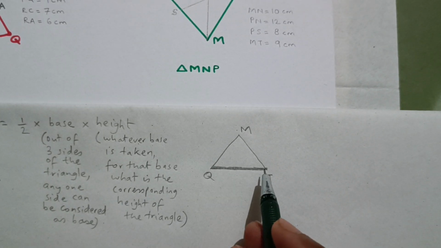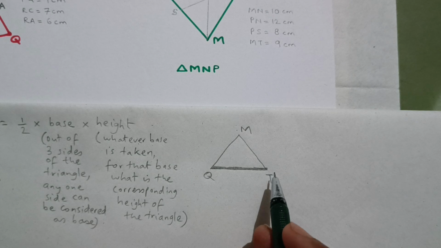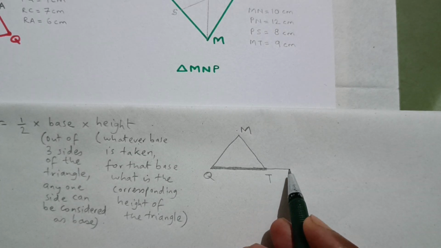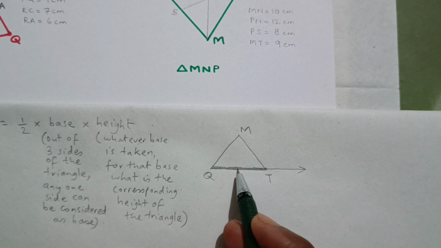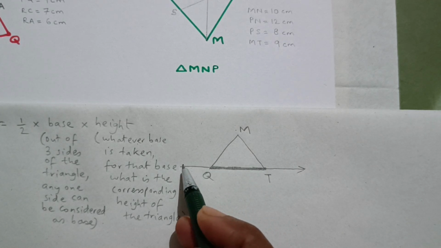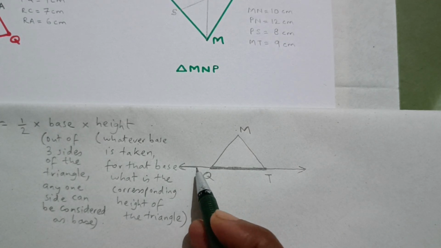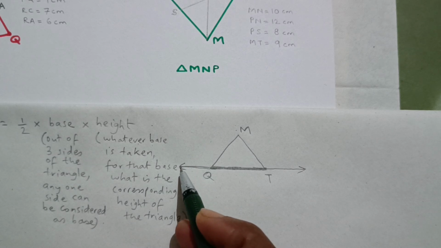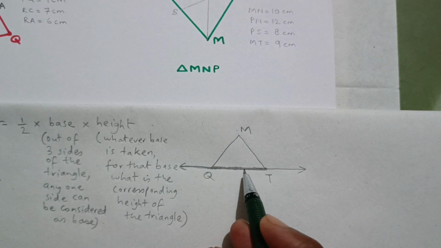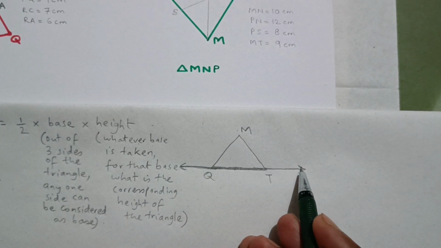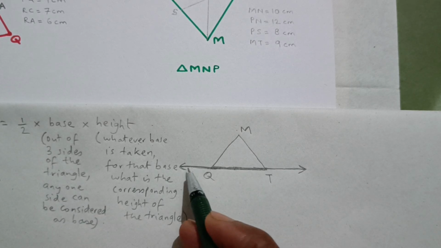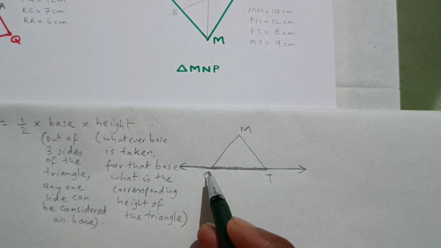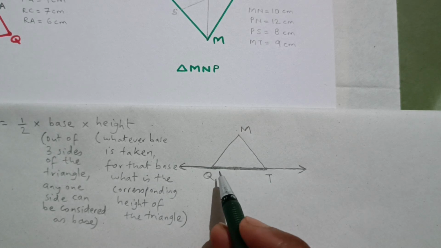Now QT sits on this line. So I will extend this line in both the directions. So this is the line on which side QT sits.